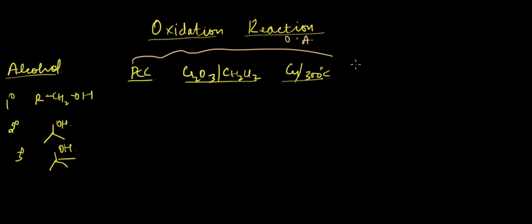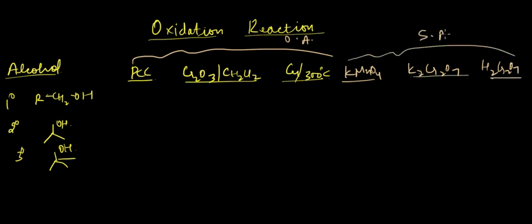Now we have some strong ones like KMnO4, K2Cr2O7, and H2Cr2O7. These are strong oxidizing agents. Let me write it like this: strong and mild.